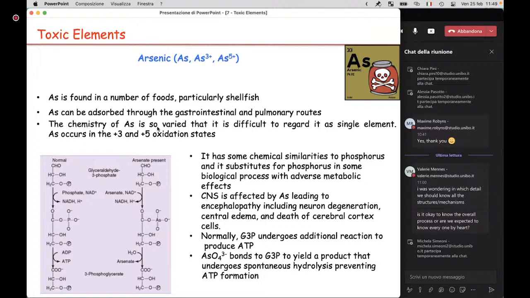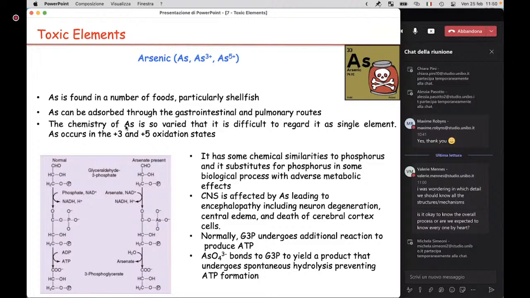Arsenic can be absorbed both from the air through the lungs and from food in the gastrointestinal system. Arsenic can undergo a lot of different reactions, and a lot of different compounds with different properties are known.